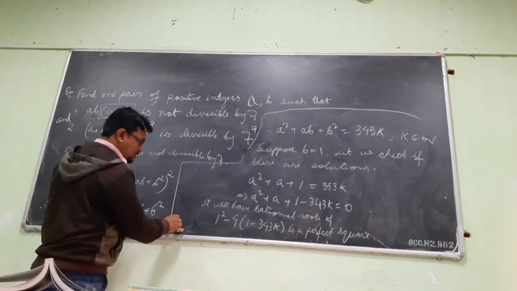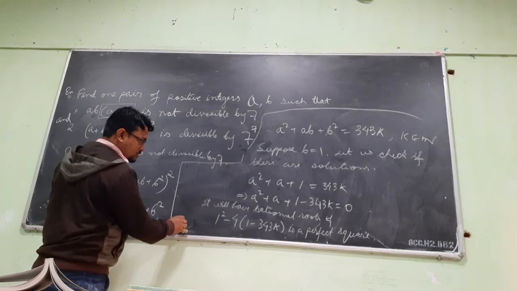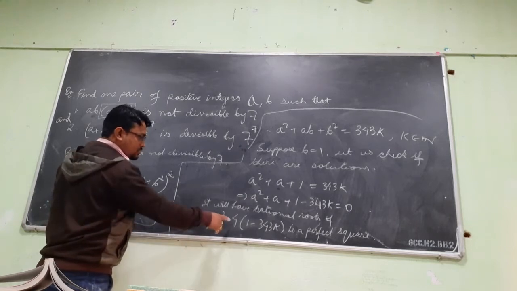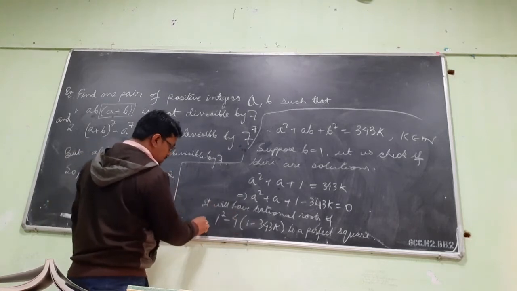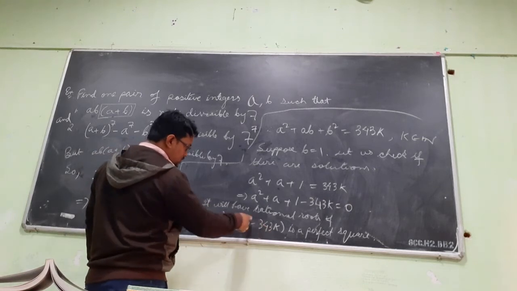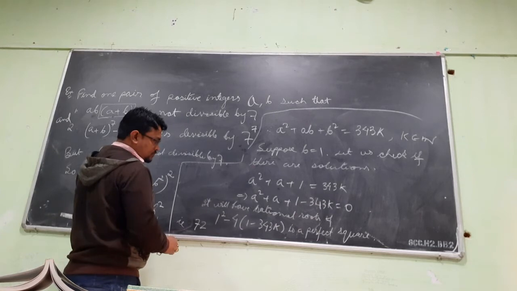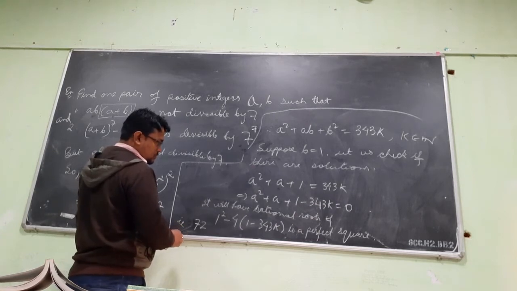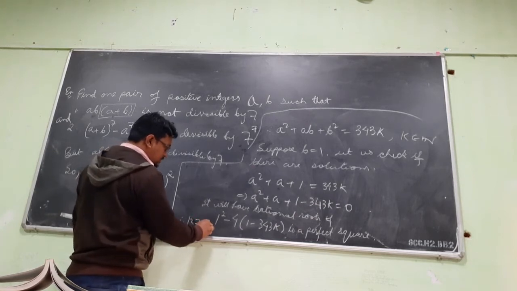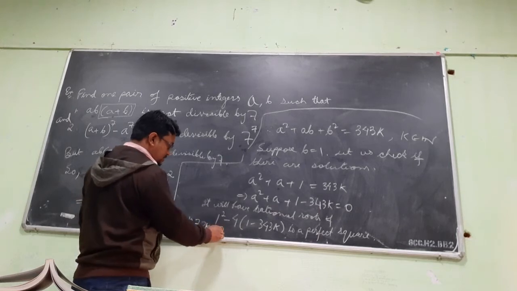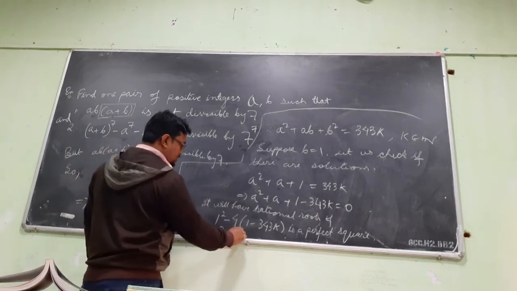So this value is 1372k minus 3, and it should be a perfect square.